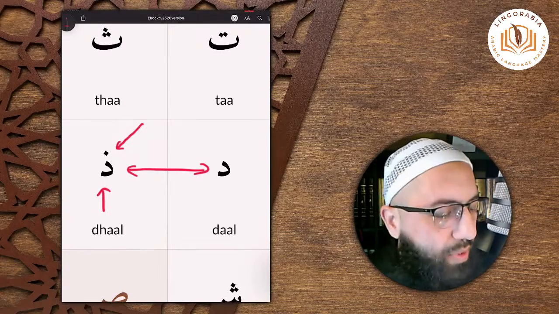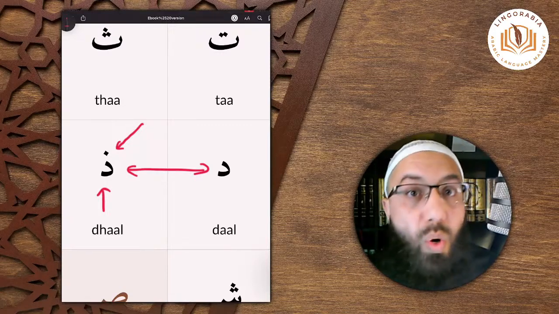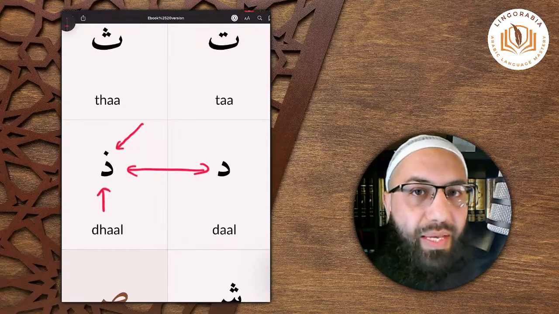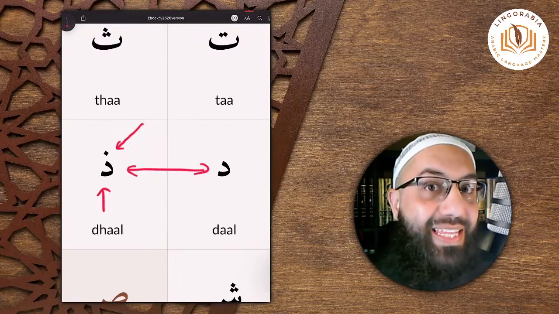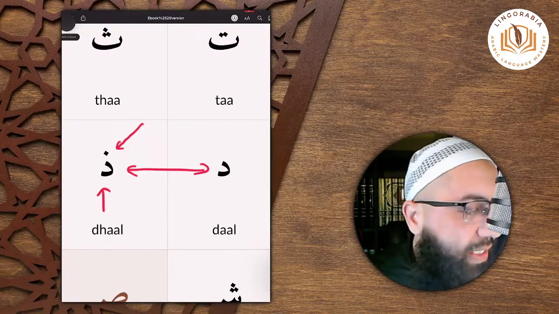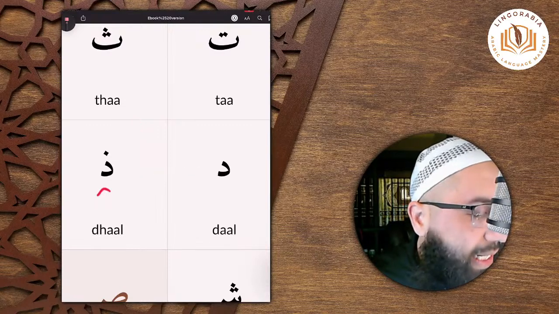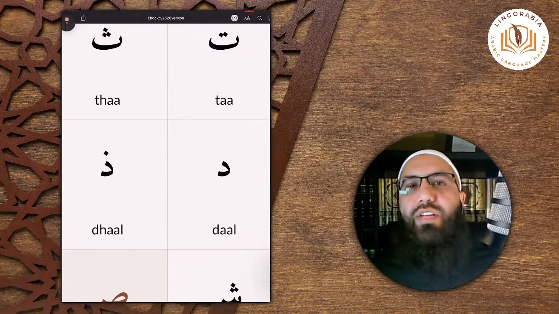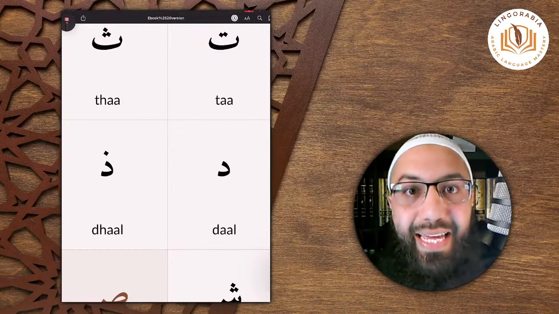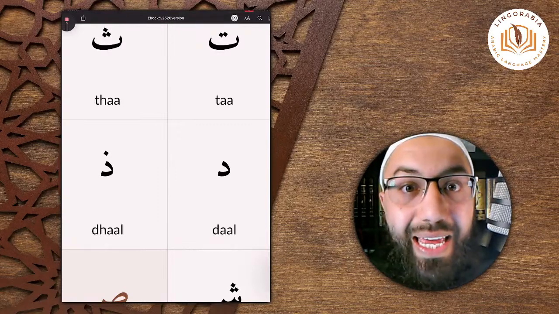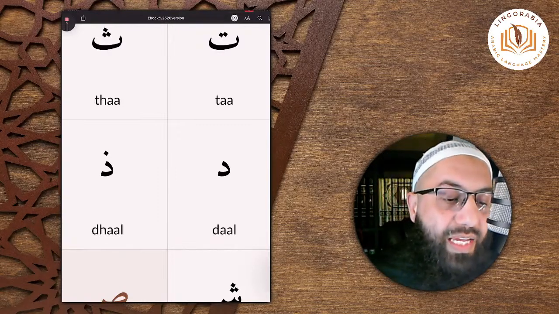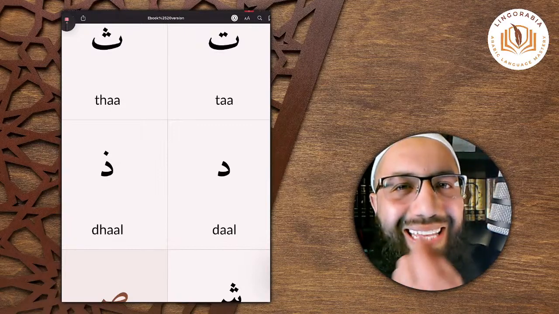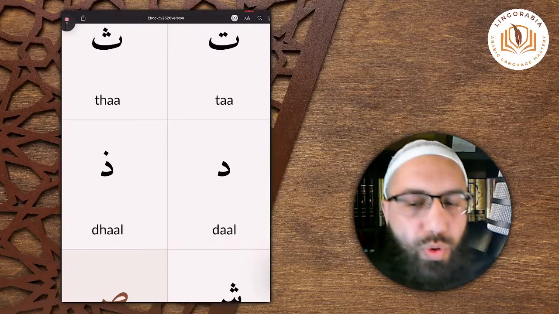So they pronounce both as dal. You have to really differentiate between them, but we will get into this inshallah ta'ala later on. So instead of dhalika, they say dalika. They pronounce it like a D sound. So you put your tongue gently between your teeth and you produce this sound.